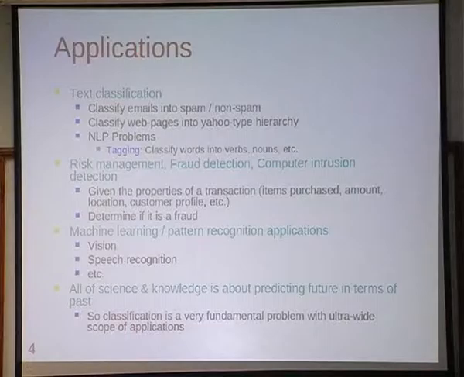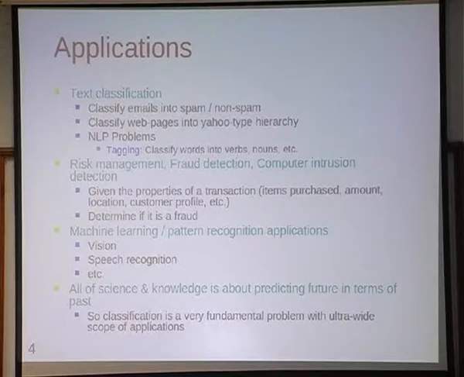When a normal user is working on the computer, what kind of commands is he normally typing? What is the speed of his normal typing? Okay, so these are different attributes. And when a hacker comes, obviously the pattern is going to be quite different. The pattern of commands that he's going to use, or his typing speed, these will be quite different. So we can use these patterns in order to detect whether there's been a computer intrusion.